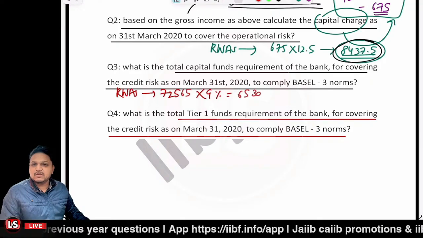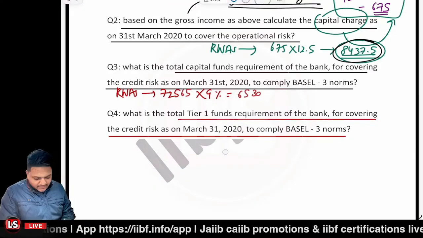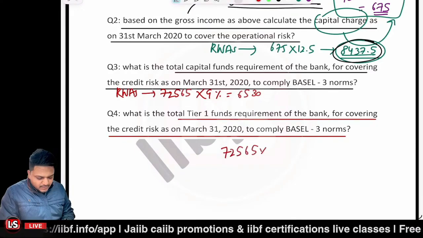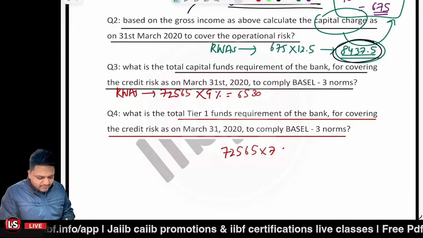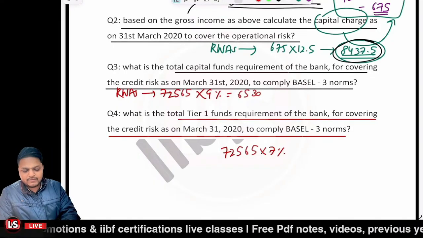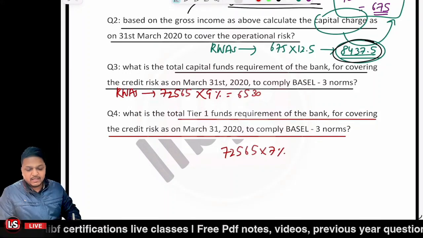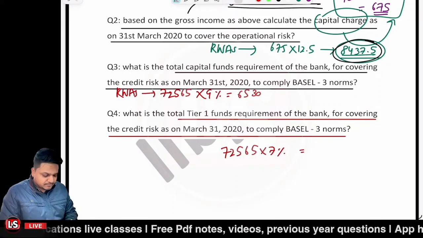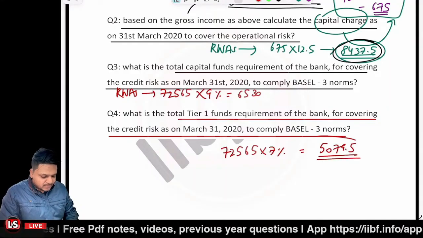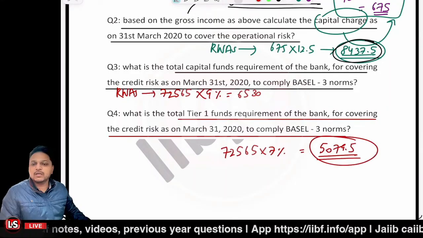So it will be 72565 multiplied by 7%, that is 5079.5. This much capital is to be maintained for the risk-weighted assets.